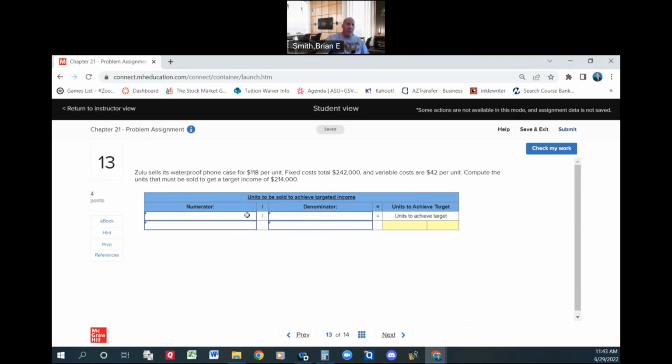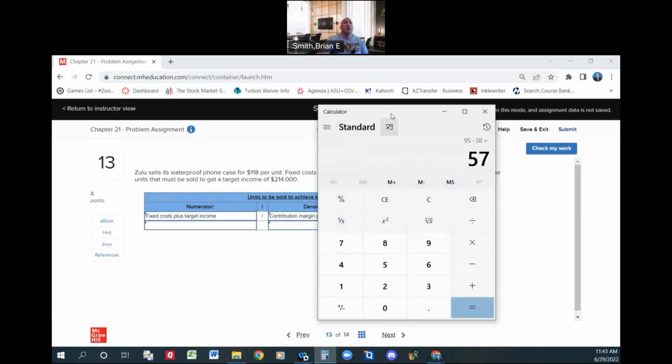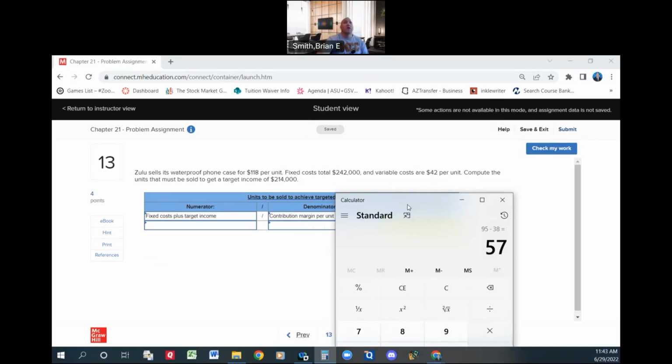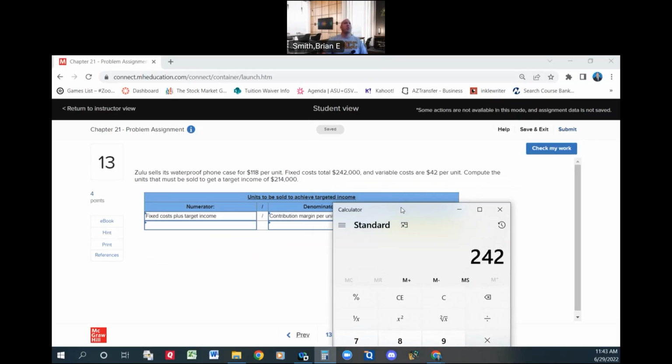Basically, it is the break-even analysis, exactly the same, except we're just adding the target income now. Fixed costs plus target income divided by our contribution margin per unit. We're going to take total fixed cost of 242,000 and add 214,000.